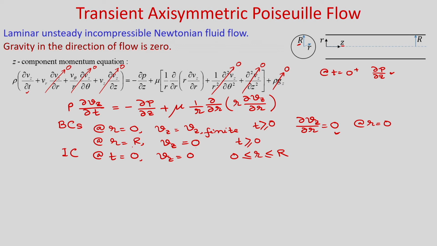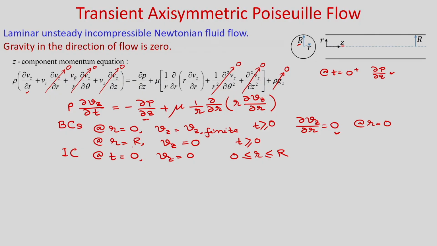Now the question is, can you use the separation of variables method for this problem? What we learnt in the last class is that to use separation of variables you should have a linear and homogeneous governing equation, and in the homogeneous direction you should have two homogeneous boundary conditions.